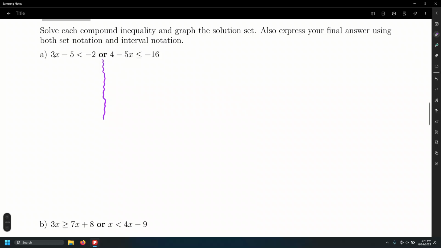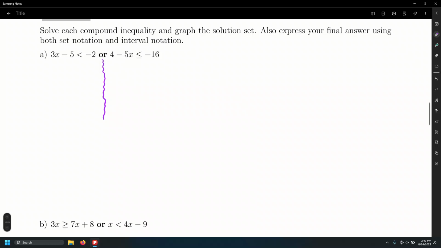So for the inequality 3x minus 5 less than negative 2, the way we solve the inequality is exactly the same as if we were solving an equation. What changes is the inequality sign and a potential pitfall that I'm going to talk about when we get to it.